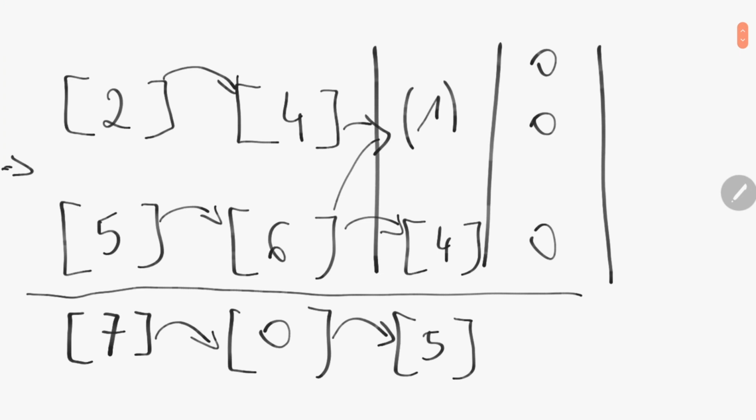So it's pointless to add this 0. And basically that's how this algorithm works. As a result, we have 7 leading to 0, leading to 5. That means that it's 507. And it looks like a pretty good solution.